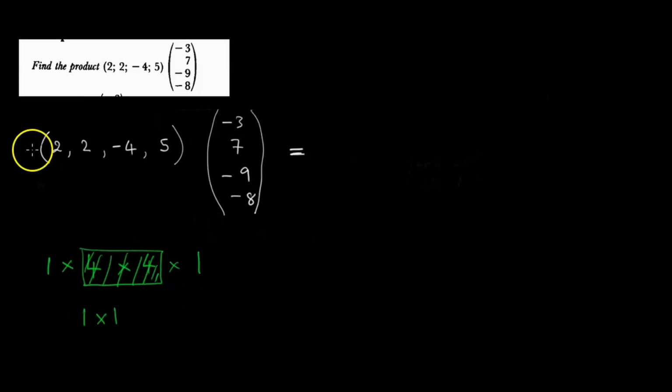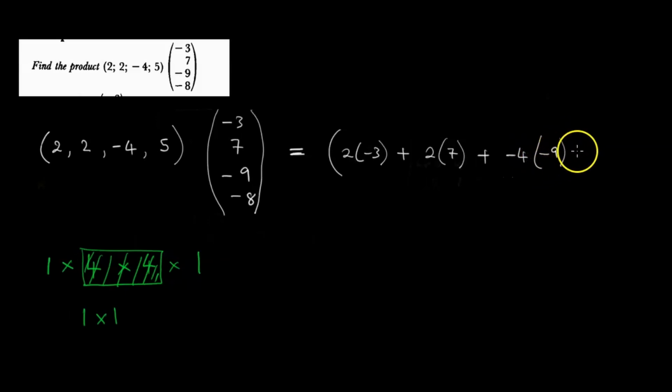If we do our multiplication under this knowledge, we can see kuti our answer is going to be like this. 2 iyo you multiply minus 3 plus 2 iyo you multiply 7 plus minus 4 iyo you multiply minus 9 plus 5 you multiply minus 8.